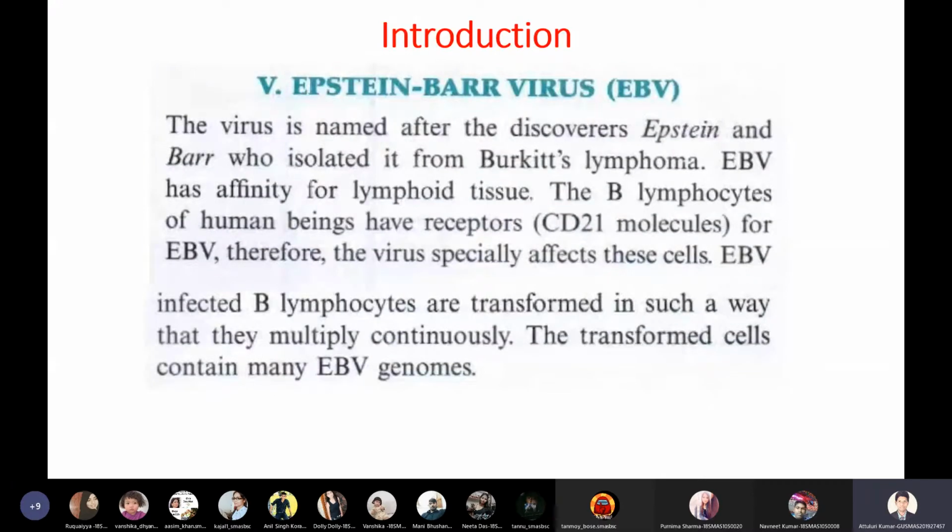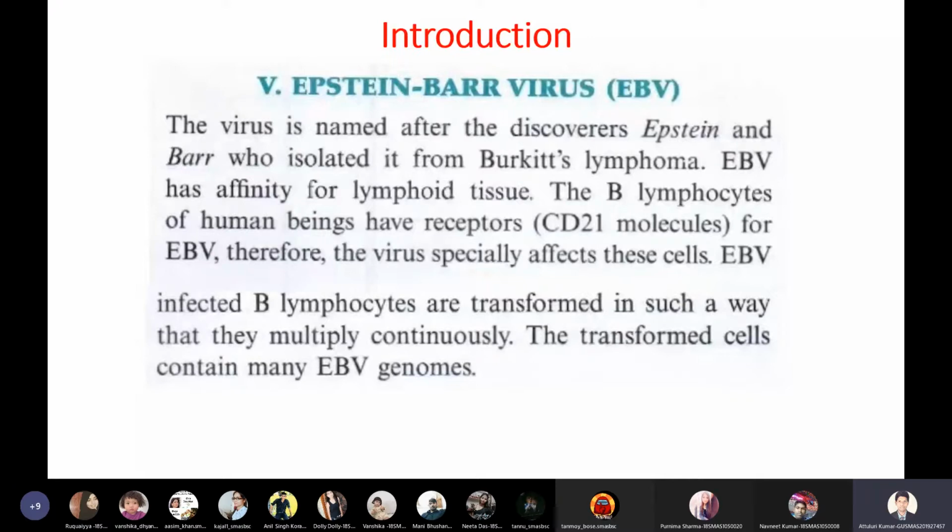With the help of this CD21 receptor, the Epstein-Barr virus integrates itself into the B lymphocyte, resulting in a B lymphocyte cancer called Burkitt's lymphoma, where we can see heavy inflammation of lymph nodes. We know that lymph nodes have lymphocytes, so all these lymphocytes become cancerous, and the patient has very prominent swelling over the lymph nodes. That particular cancer condition is called Burkitt's lymphoma.